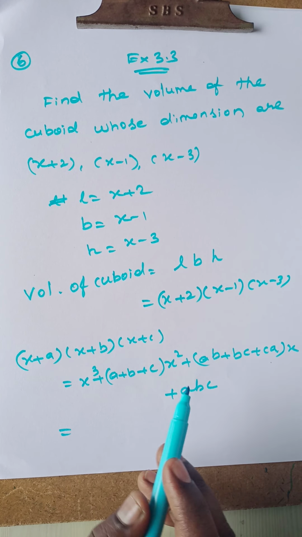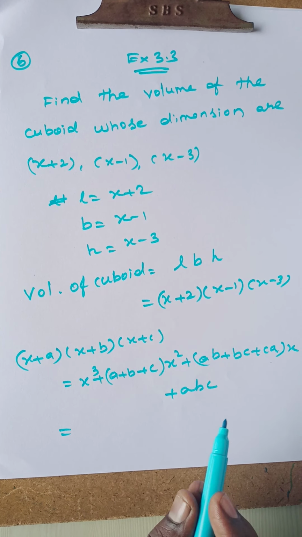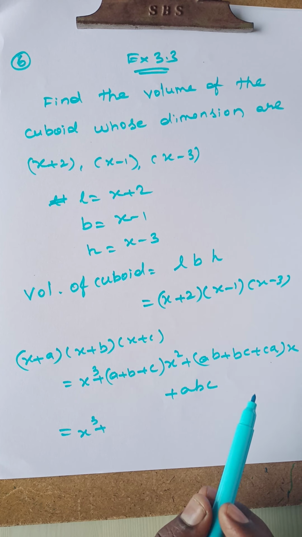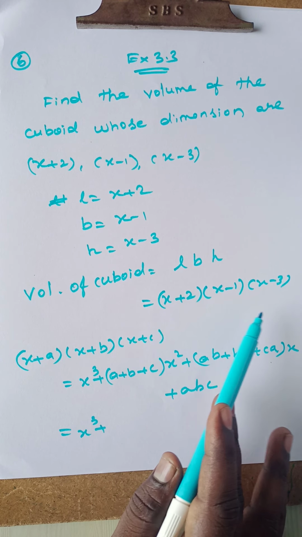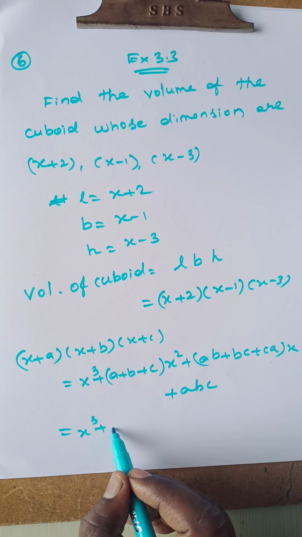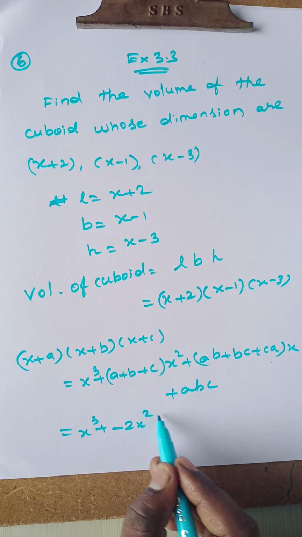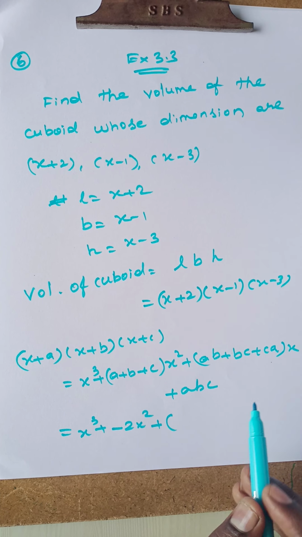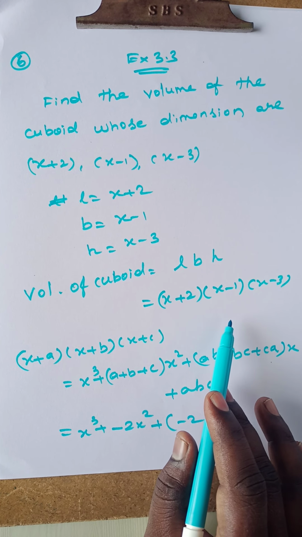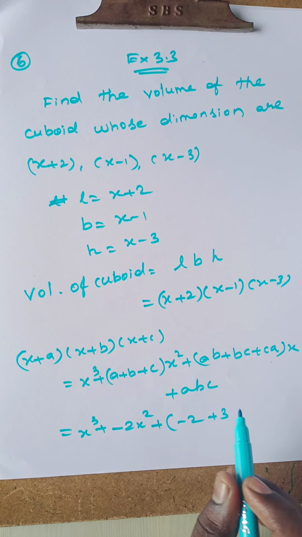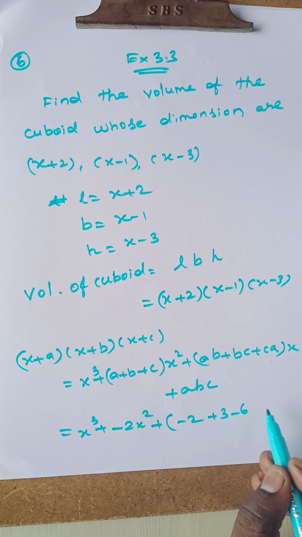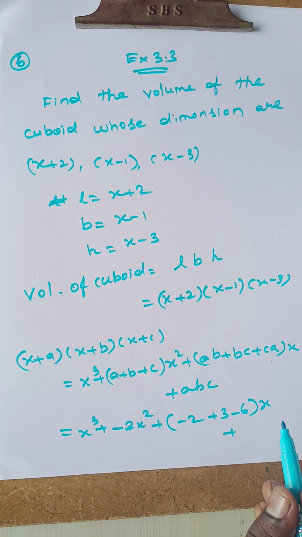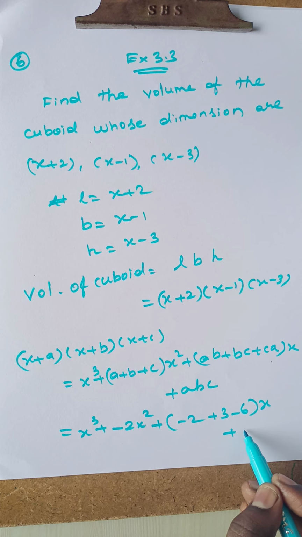Okay, so what is a value? x cube, a plus b plus c, that is 2 minus 1 minus 3, that is minus 2, x square. Plus ab value: 2 ones are 2, minus 2, minus 1 into minus 3 plus 3, 2 threes are 6, minus 6 into x. Plus abc: 3 twos are 6, 6 ones are 6, plus 6.